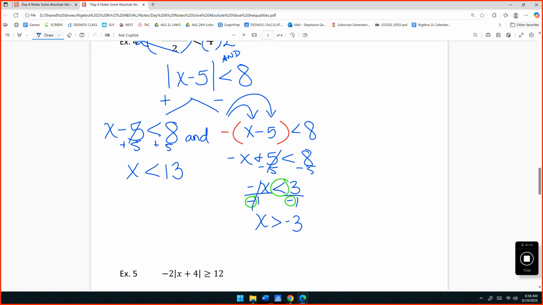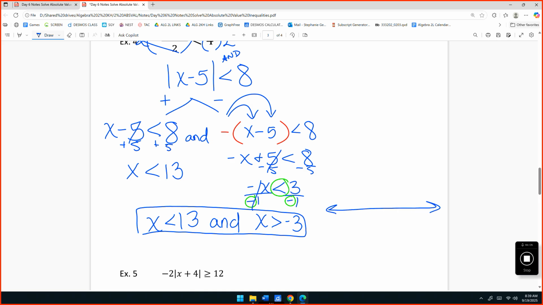All right, so let me make sure I have my compound inequality very clear. This is the compound inequality. X is less than 13 and x is greater than -3. So we've got less than 13, greater than -3. So that's the in between those two.